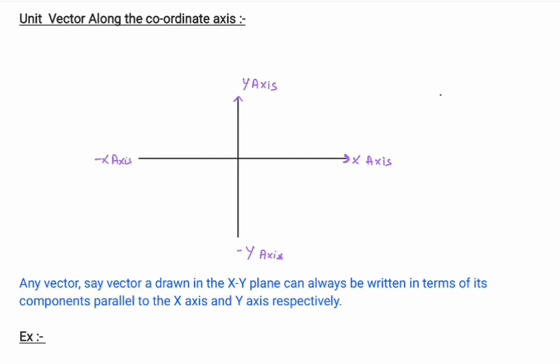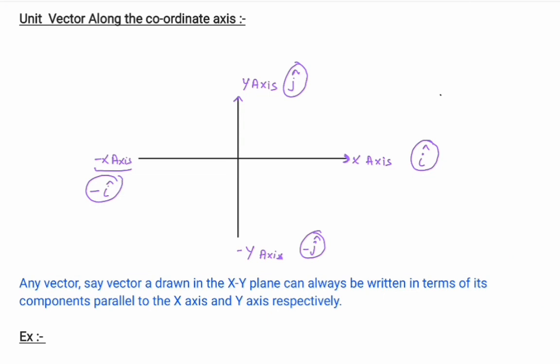We represent a unit vector along the x-axis as i cap and the unit vector along the y-axis as j cap. And for the minus x-axis, it's going to be minus i cap, and for the minus y-axis, it's going to be minus j cap. These are the unit vectors along the axes.